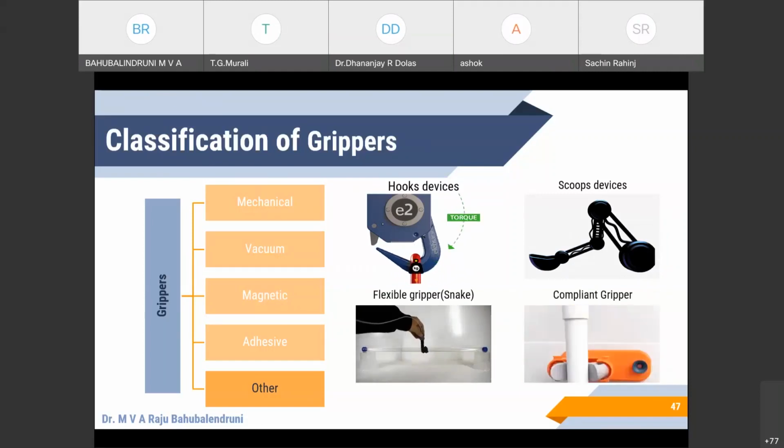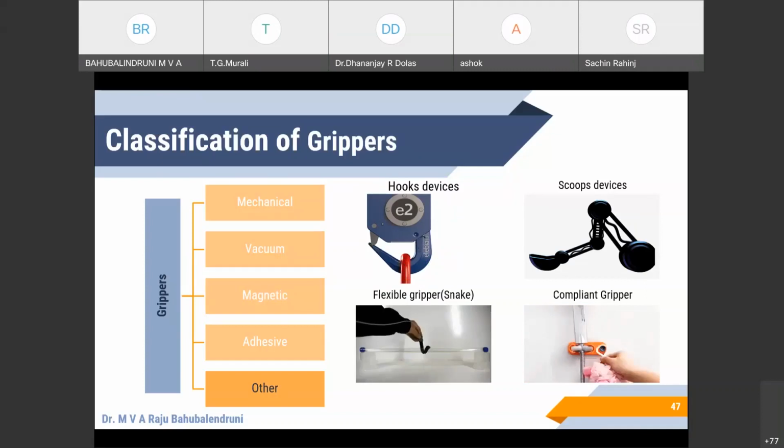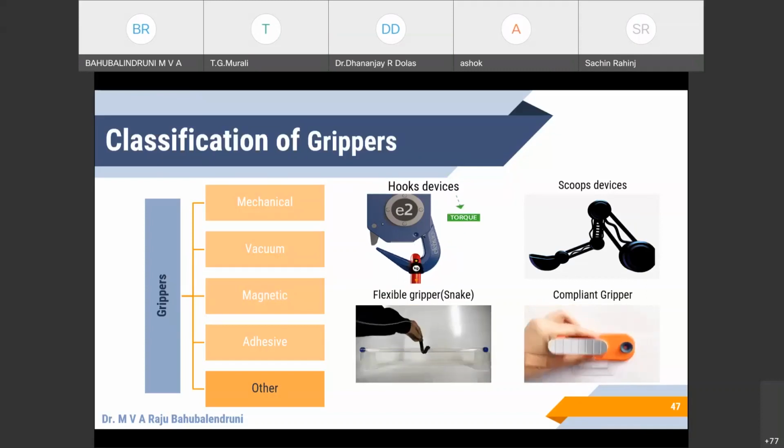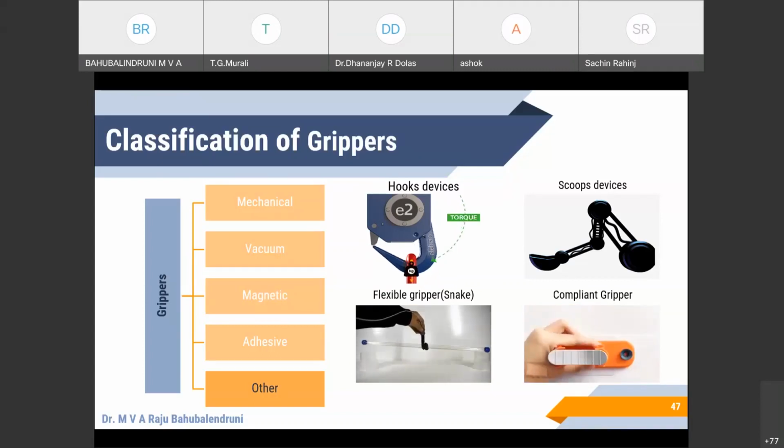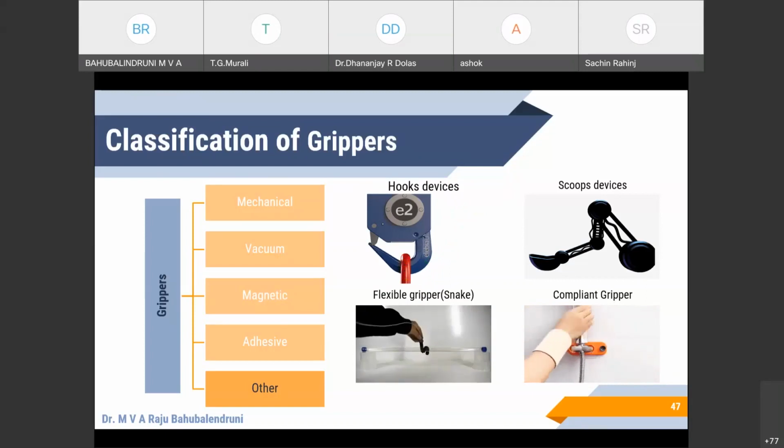The compliant links are a separate subject. We will see in human-robot collaboration how these compliant links are much better and useful for industrial robots. So these are certain other categories of grippers.